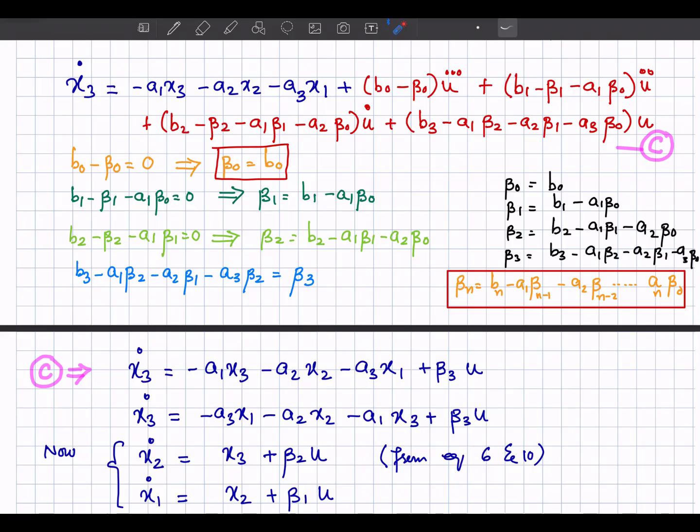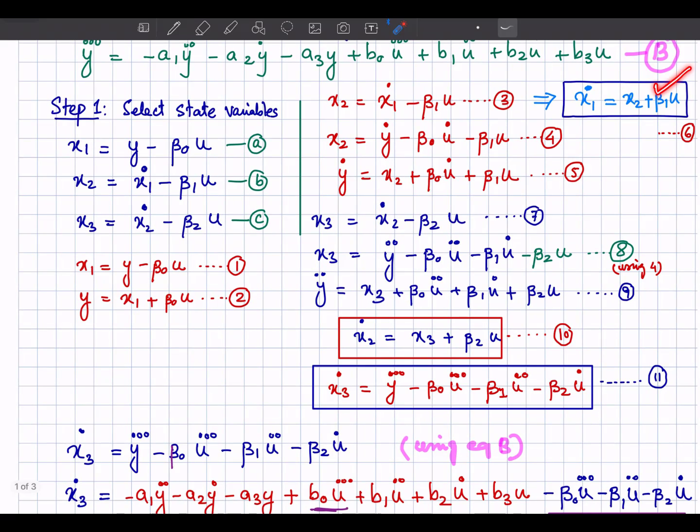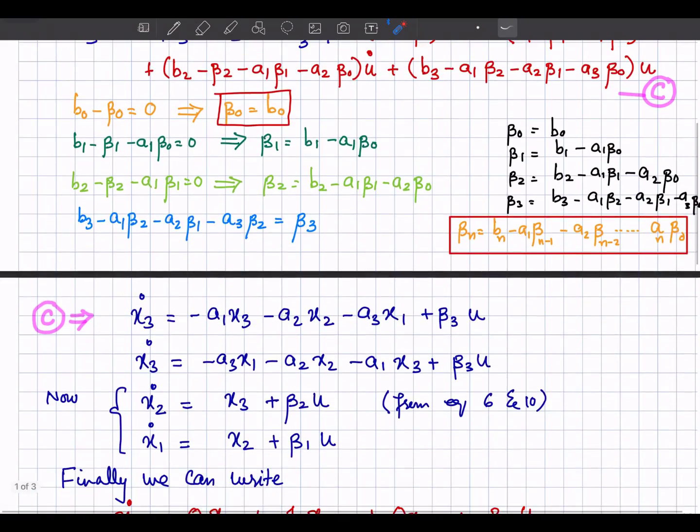So this is a first order differential equation, and two first order differential equations we have already defined. Here you can see x1 dot is given by this one, x2 dot is given by this equation, and x3 dot is now given by this equation. These are the previously defined ones.